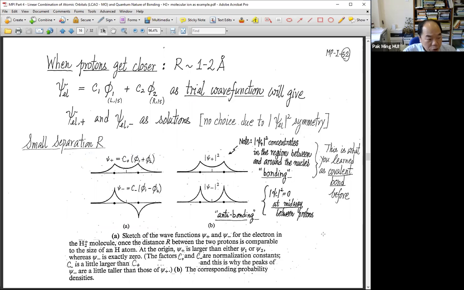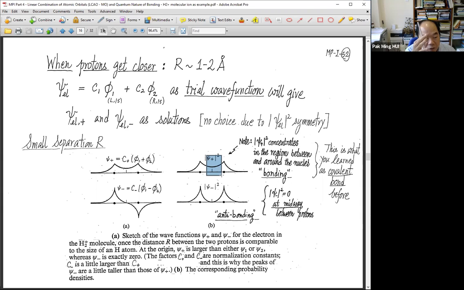Okay? But the most important situation is we have to try different separations. When we try different separations, you will see the difference. Left plus right, you will have an enhanced wave function in the middle part between the two nuclei. Taking the square, you will have more probability. You will have some probability, at least it's not zero, okay?